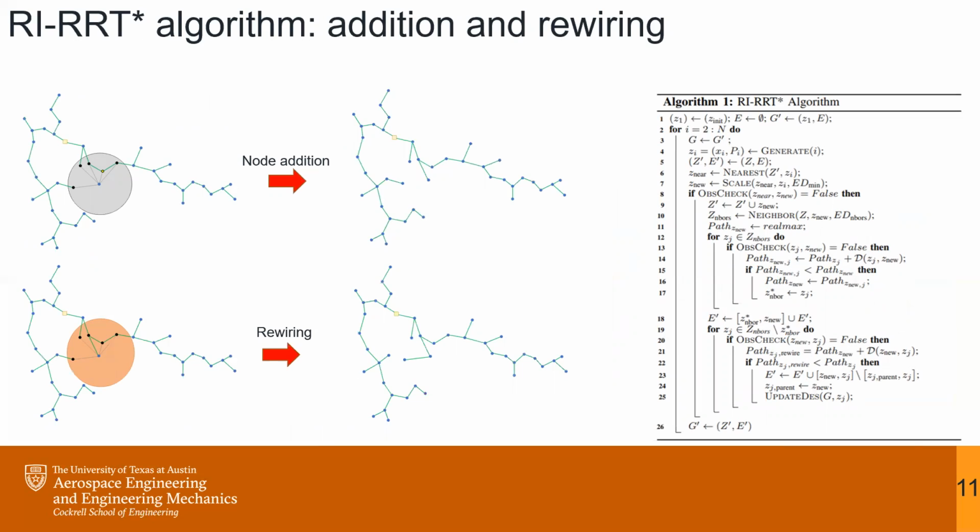And since RI cost is asymmetric, the collision check for the path from and to the sample point should be done separately. Likewise, the cost of the path from the neighboring node to the sample point and the cost of the path from the sample point to the neighboring node should be computed separately.